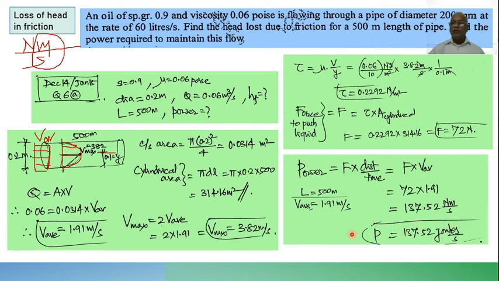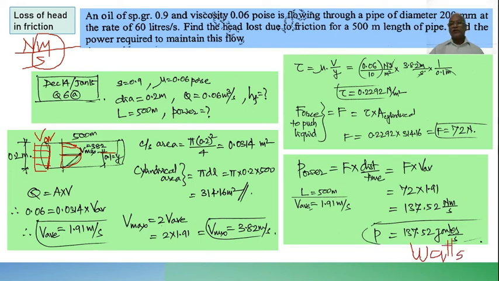So power will be equal to 137.52 joules per second, or it is simply watts.